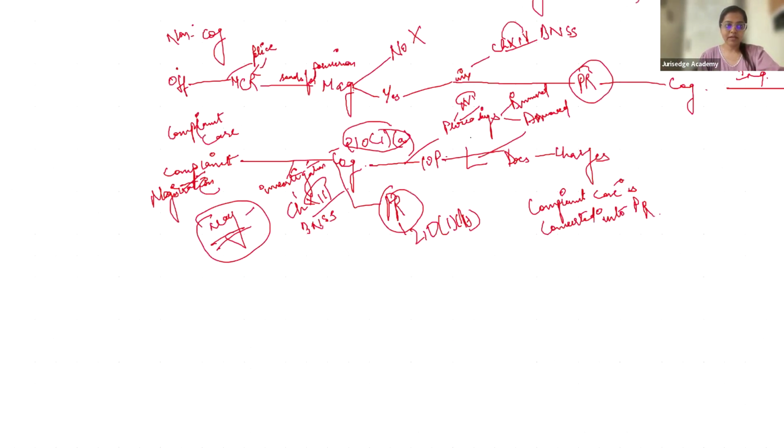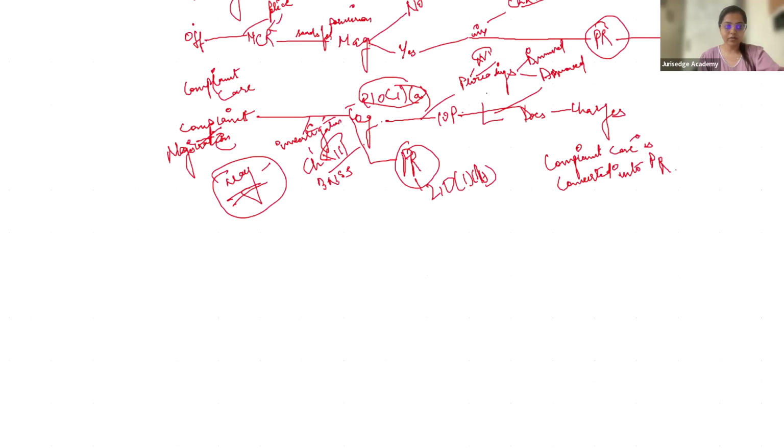Now, what happens in case of information? Information cases means 210(1)(c), where the magistrate receives any information from any other person apart from the police officer, or suo motu takes the cognizance.